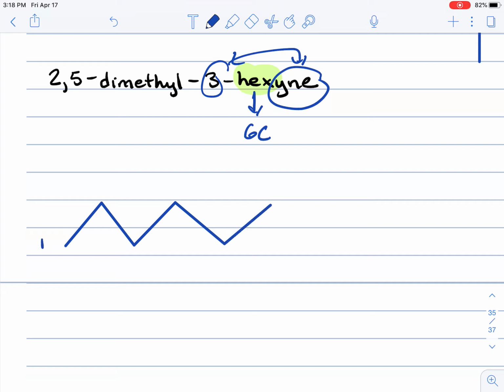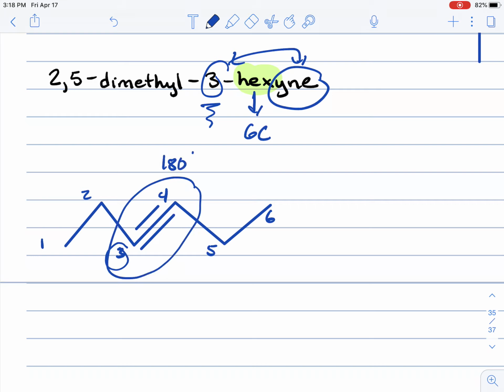Okay. And it looks like we have a triple bond starting from the 3rd carbon. So here's carbon 3. Starting from the 3rd carbon, I have a triple bond. Okay. And so once again, we're probably going to have to redraw this. I need to make sure that this is 180.